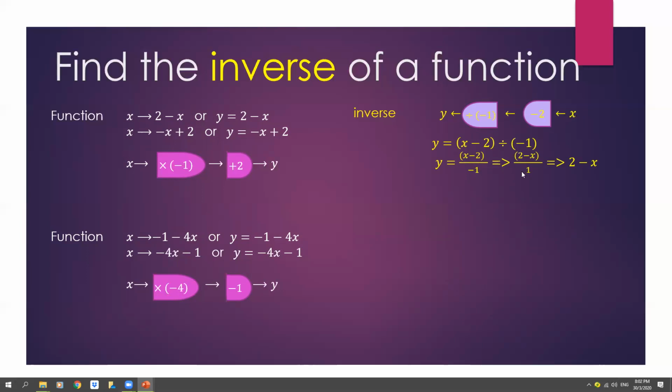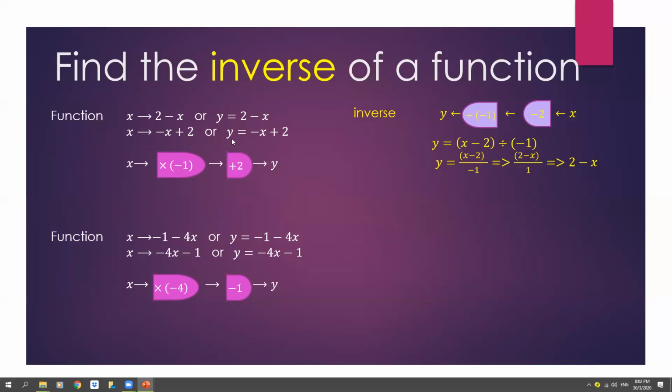But when you change this to become positive, the on-top one, you need to change the sign, because original plus x right now becomes minus x. Instead of minus 2, now becomes plus 2. So I have to switch this. 2 minus x now instead of x minus 2, but this one becomes positive, right? If this thing is divided by 1, you also get 2 minus x, right? So this is the answer.